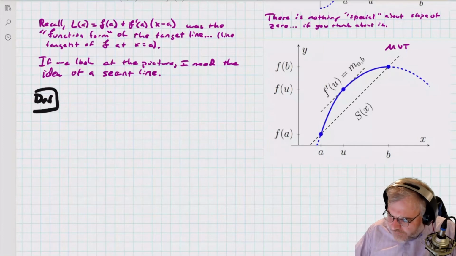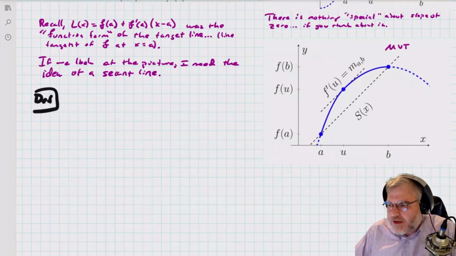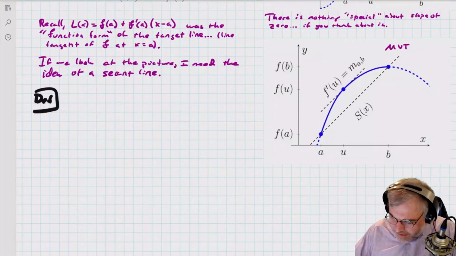Now, the secant line here, if I go for MAB, and I was using the old point-slope formula and wanted to find the equation for that line, I would do the slope of the secant line.